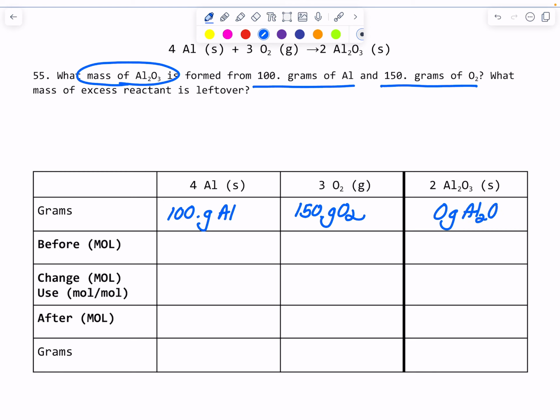and of course 0 grams of aluminum oxide. So your strategy is going to be to convert to moles, so filling out these two boxes, assuming that the aluminum is the limiting reactant, and subtracting these and making sure that you get no negative numbers.